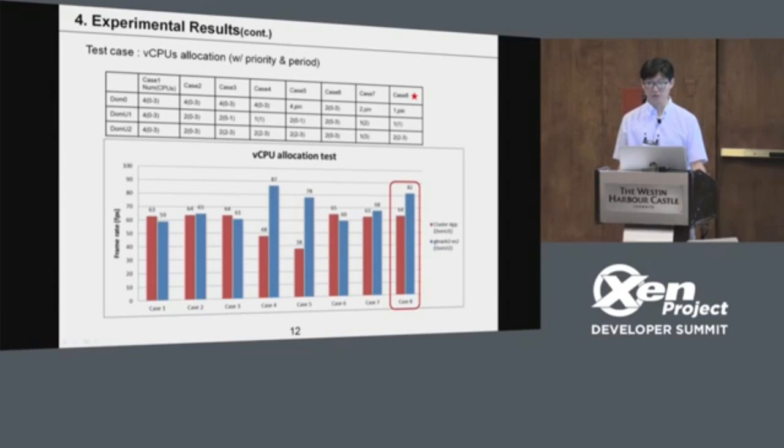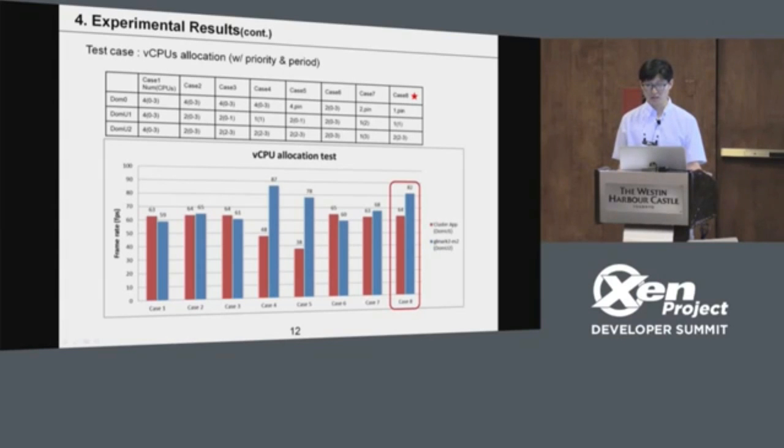I tested what happens if domains have a different number of vGPUs and GPU affinity, and how these test cases affect GPU performance. In case 1, case 2, case 3, and case 6, GPUs were scheduled by the credit scheduler.